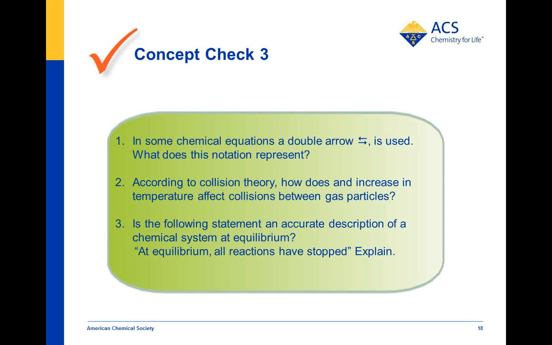I don't assign all of the concept checks for them to do, but number 2 is one I would assign, because they've studied the kinetic molecular theory in the 2nd unit. So they know that pretty well, and they should be able to remember and apply that. And then number 3 is really a terrific one that asks them to look at the dynamics of an equilibrium.